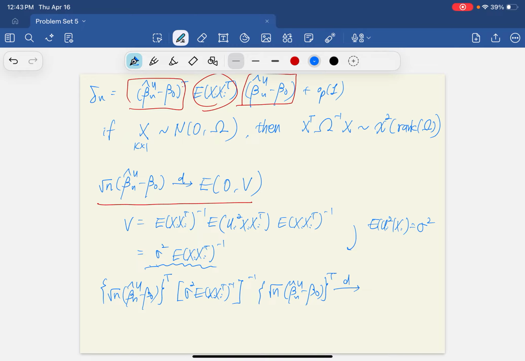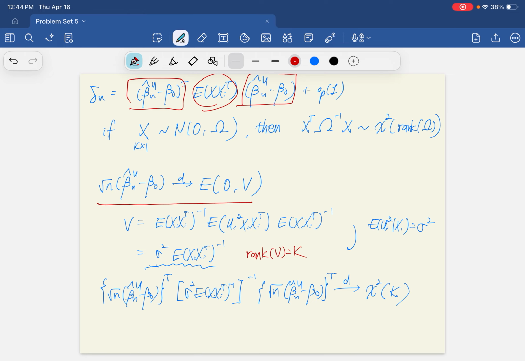This will converge to a chi-square. Here the degrees of freedom will be k, because the rank of V will be k by the full rank assumption, right?